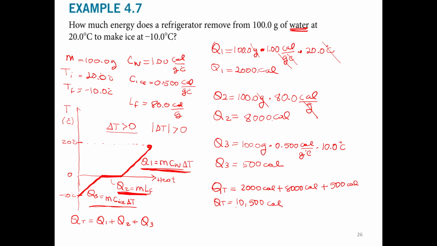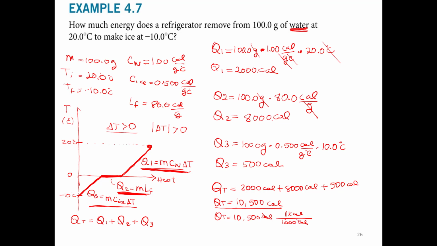Now, if you have to give the answer in kilocalories, remember, you just divide by 1,000, or you can use the conversion factor. This is the answer in calories, and you can write one kilocalorie equals one thousand calories.